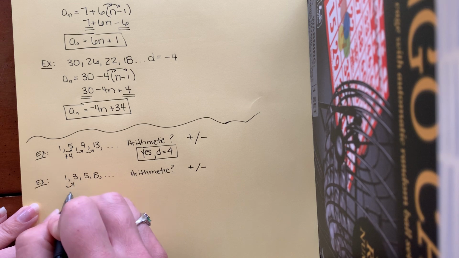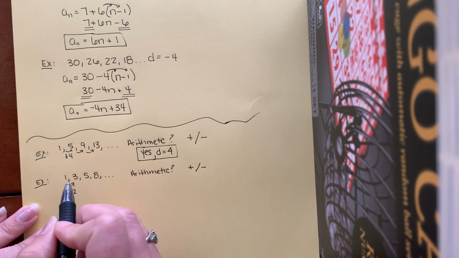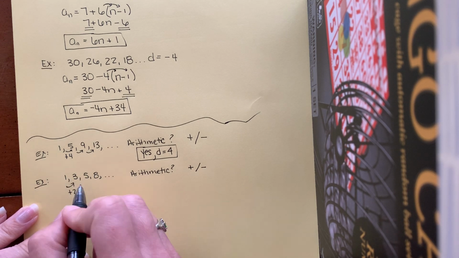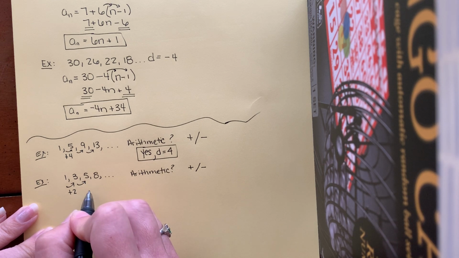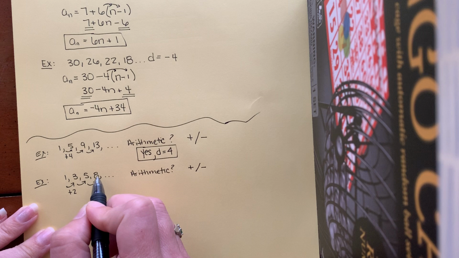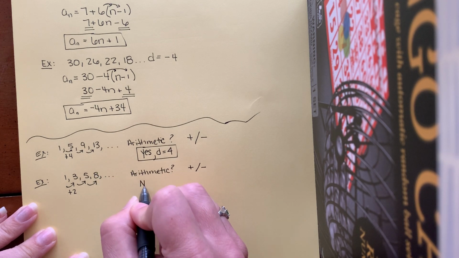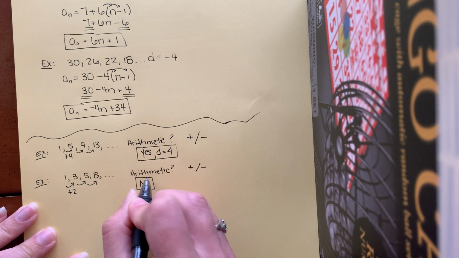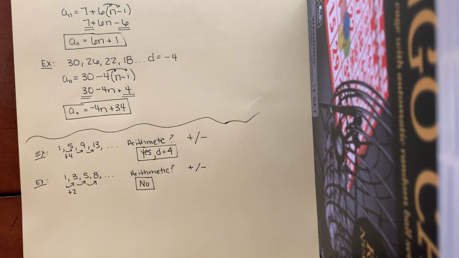Well, it looks like I'm adding 2. Do you agree that 1 plus 2 is 3? Sure. 3 plus 2 is 5? Sure. 5 plus 2 is 8? I don't think so. So this is no, it's not arithmetic. It's got to work for every single number in the sequence. So that is not arithmetic. That is just a random sequence of numbers.